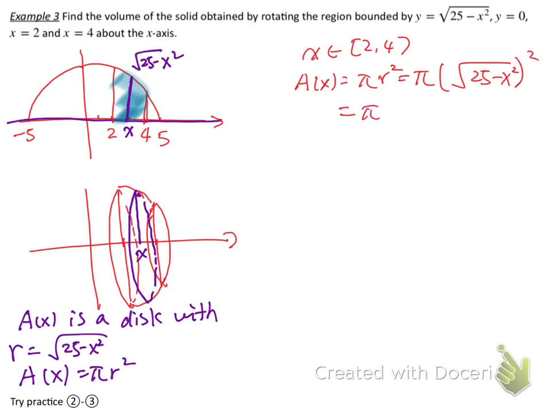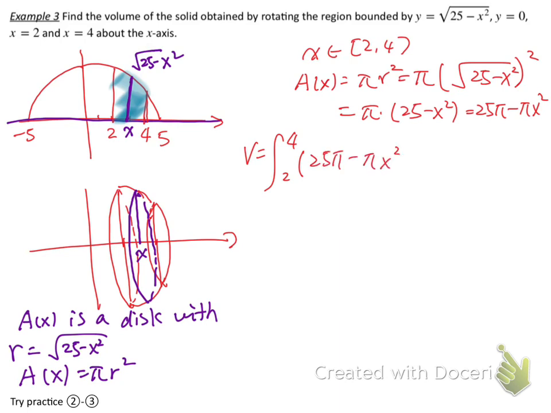So we have pi times 25 minus x squared, so 25 pi minus pi x squared. That's A. Then our V will be the integral from 2 to 4 of A of x, 25 pi minus pi x squared dx.